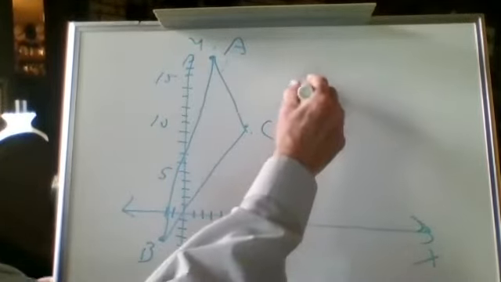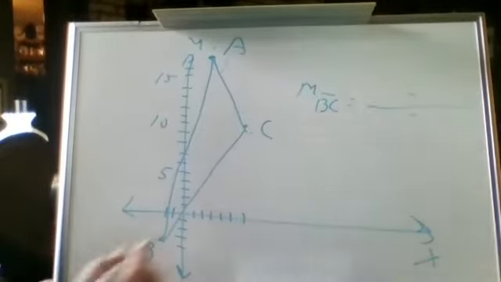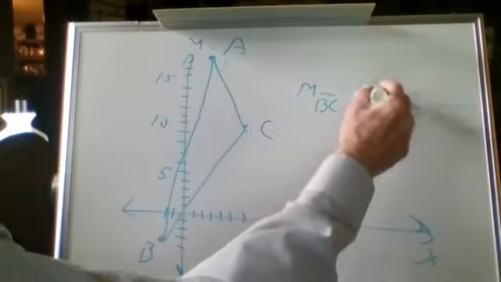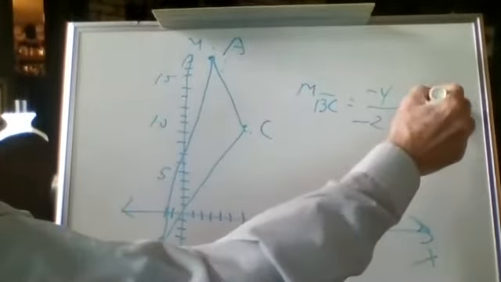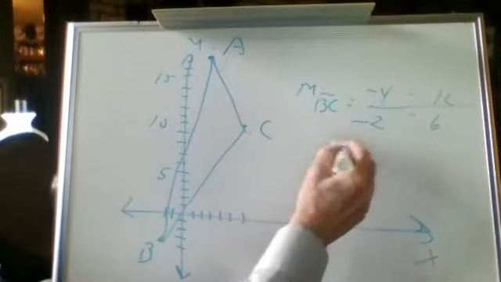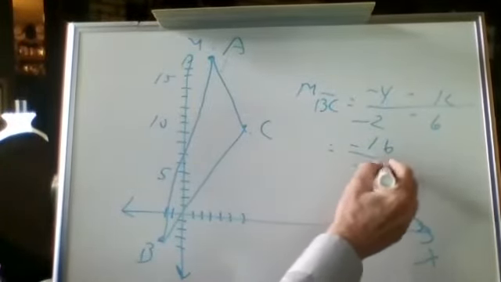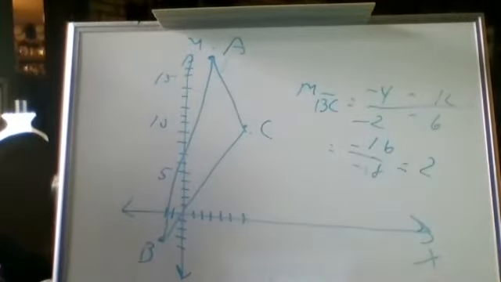So I want to find the slope of segment BC. All right, so B, we said, was -2 and -4. And C, we said, was 6 and 12. So -4 minus 12 is -16. -2 minus 6 is -8. That equals 2. So the slope of segment BC is 2.